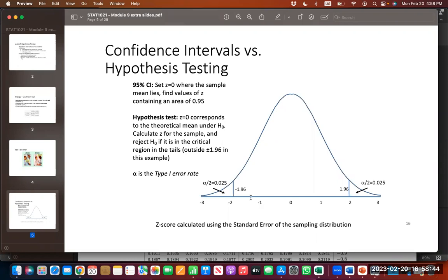Based on this distribution of the sample means, you can determine these extreme values beyond which you're deriving a p-value that sums on both sides up to 5%. So you have 2.5% on the left side and 2.5% on the right side.